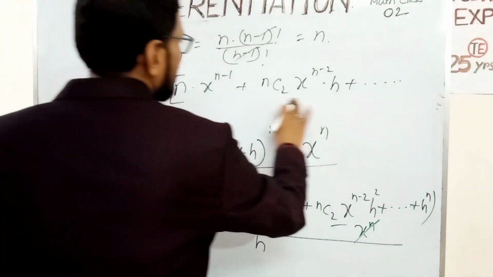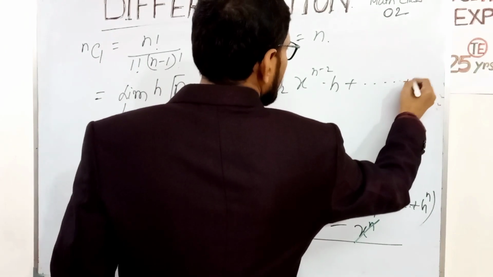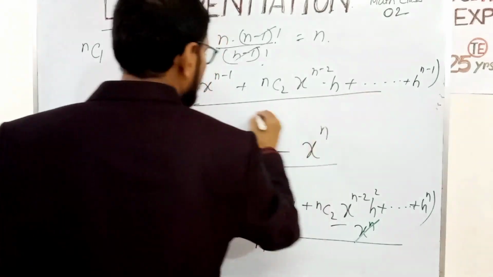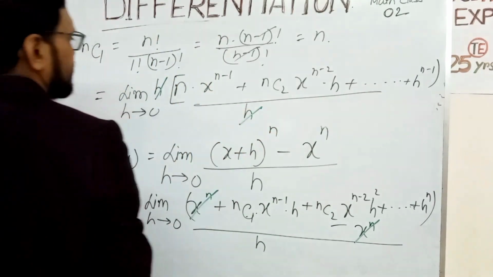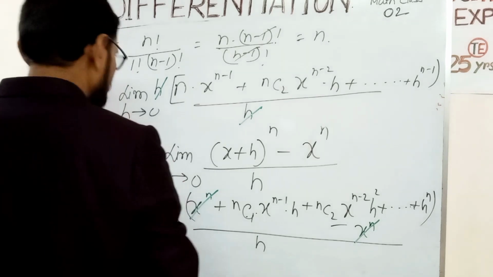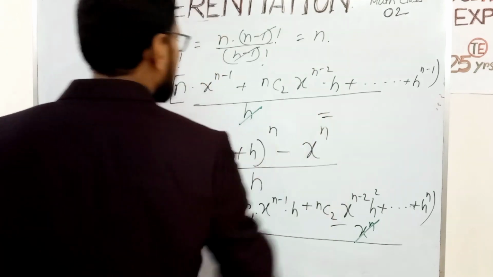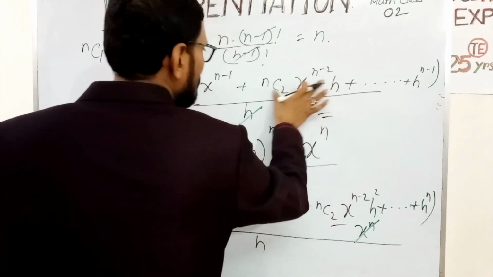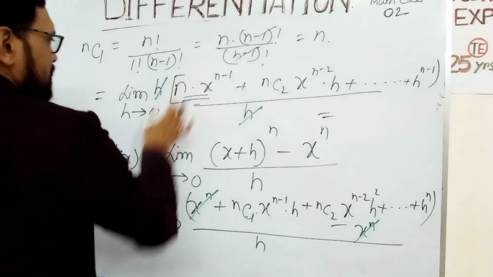Now all the terms contain h, so this becomes h times the bracket divided by h. Now cancel h and h and put h equal to 0 in the remaining terms, so all of those values become 0. Now the left term is n x to the power n minus 1.